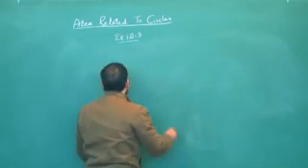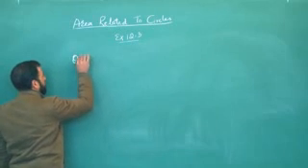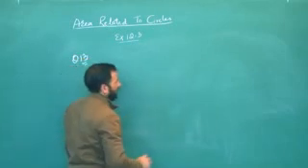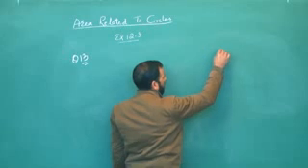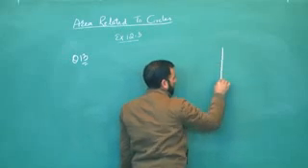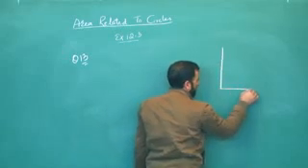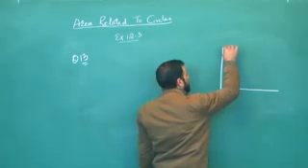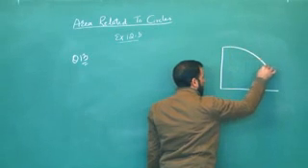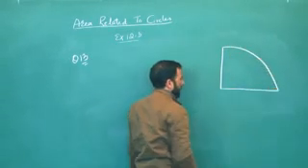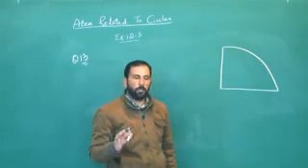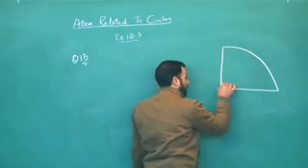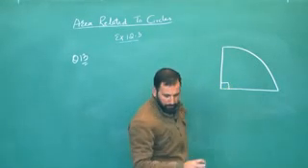So the figure of question number 13 is this. We have a quadrant here, like this. It is a quadrant. If it is a quadrant, then this angle is equal to 90 degrees.